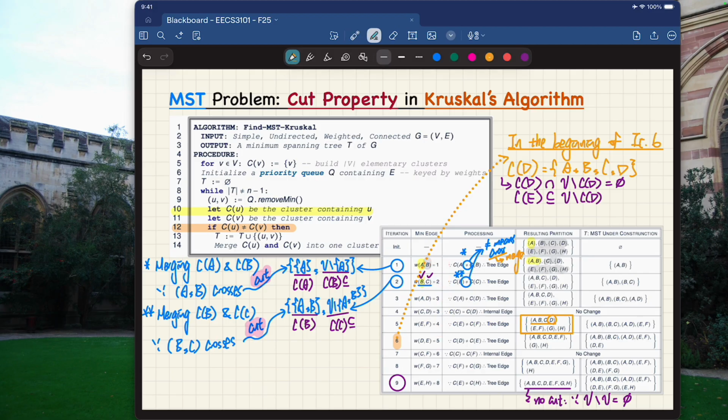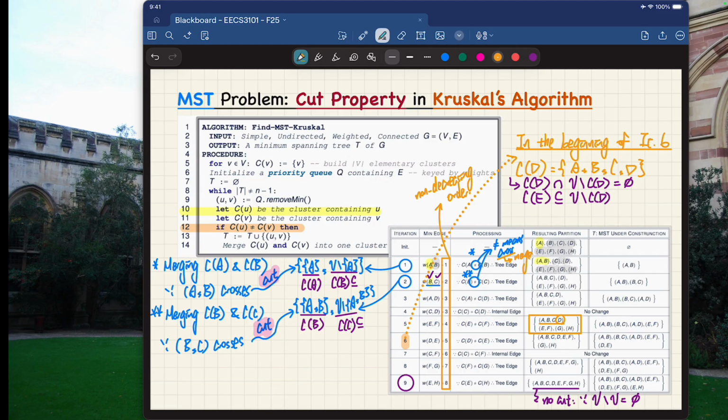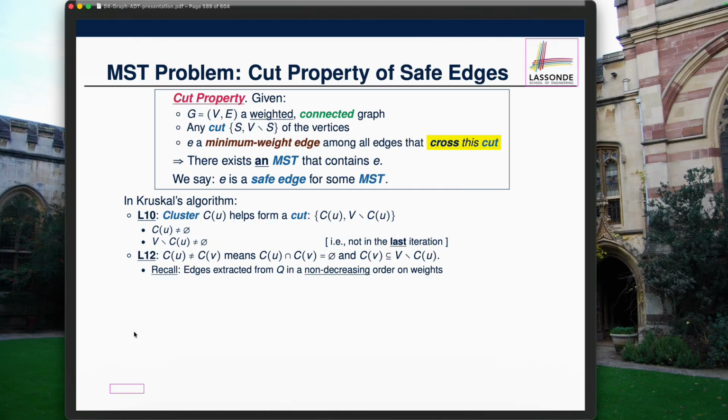So if you like, you can simply see all these are extracted in non-decreasing order. That one should be also obvious. That's the nature of the priority queue. We just keep extracting the minimum.